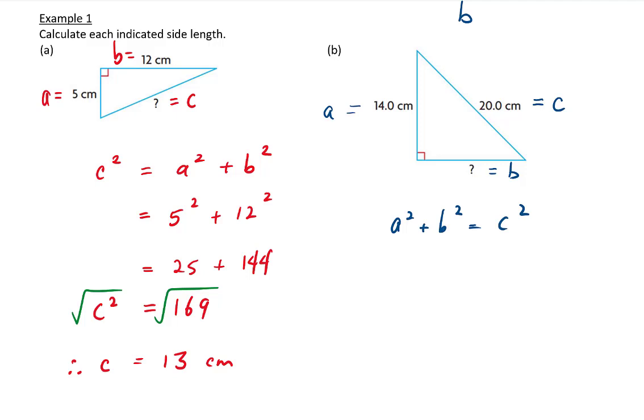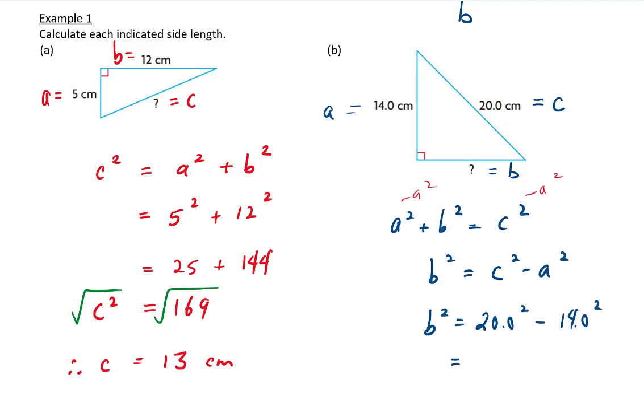Since I want to solve for B, I can minus the A squared from both sides, and now I have an equation for B squared. B squared is equal to C squared minus A squared. So let's sub in our values. So we have B squared is equal to, when we know C is 20.0 squared, minus the A, which is 14.0 squared.